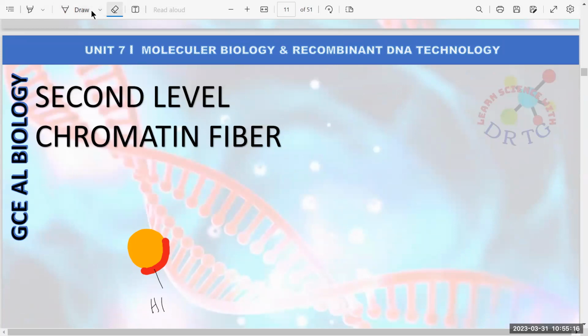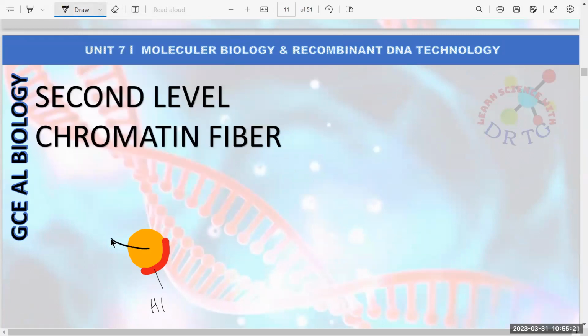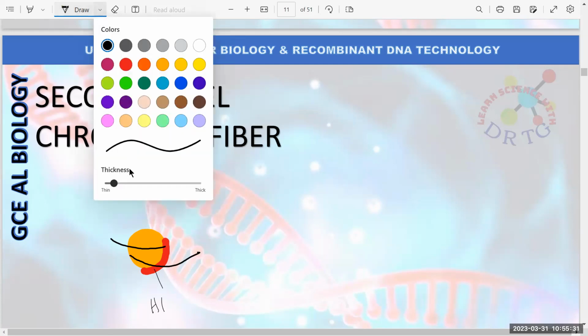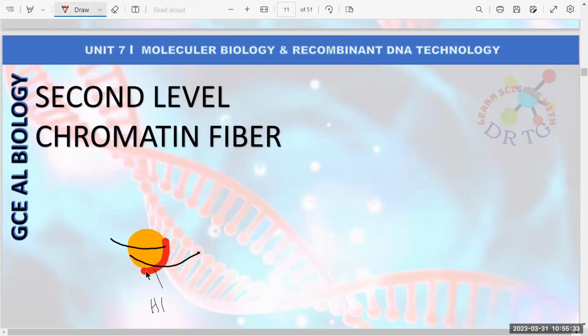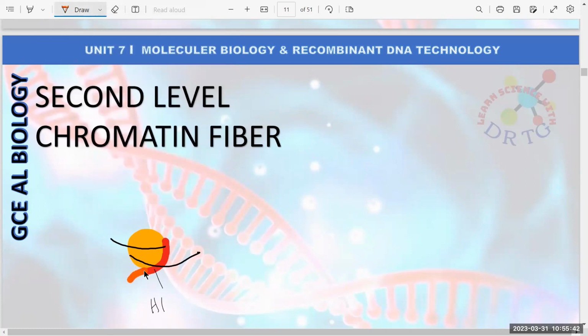It should go 2 turns, 1 going behind it and going like this. So let's say this is H1 now.